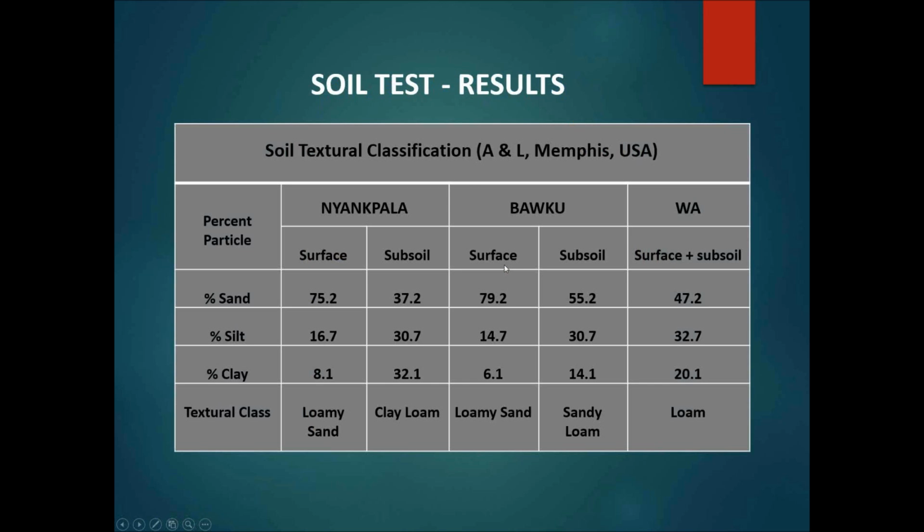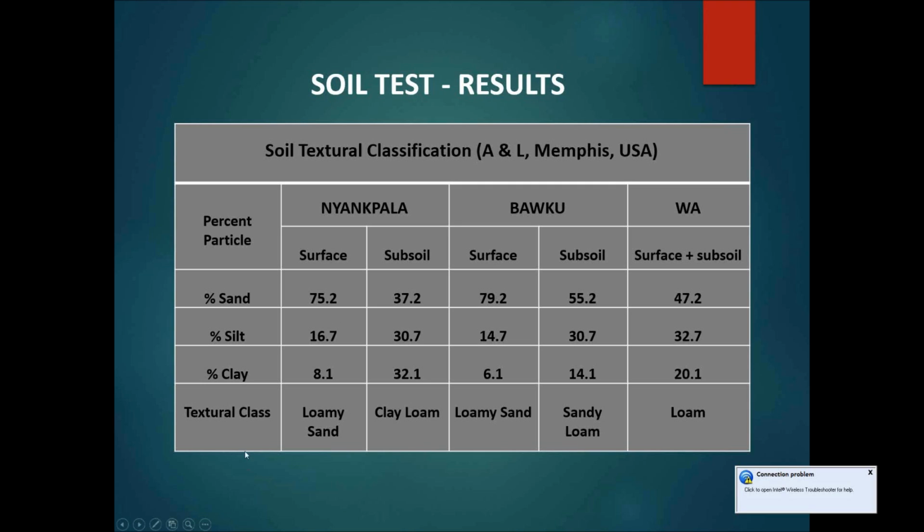Now for the soil test results, what we're seeing on this slide is Yankpala in Tamale. We see the structural classification down at the bottom. We took soil tests from the surface level and then subsoils, from 0 to 3 inches, which is the surface soil, and then from 3 to 6 inches, which is the subsoil.